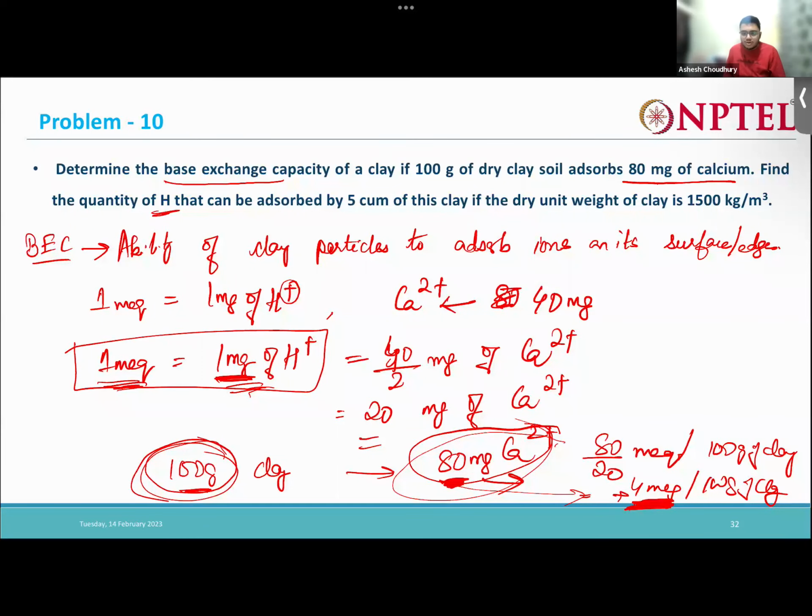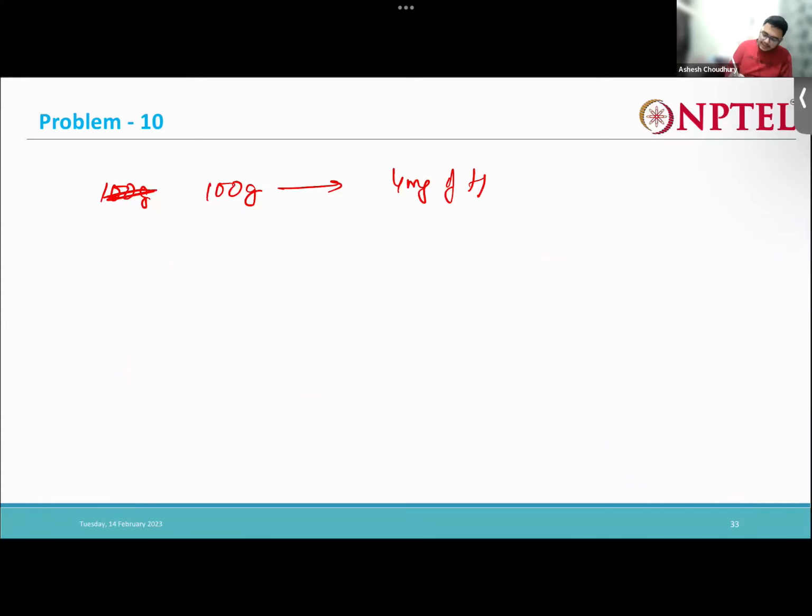Correct? So 100 gram of clay can adsorb 4 milligram of hydrogen. So how much can 1 gram adsorb? 1 gram can adsorb 4 by 100.